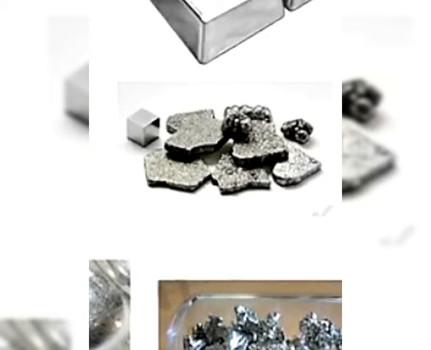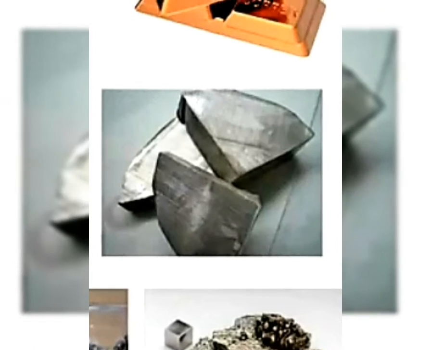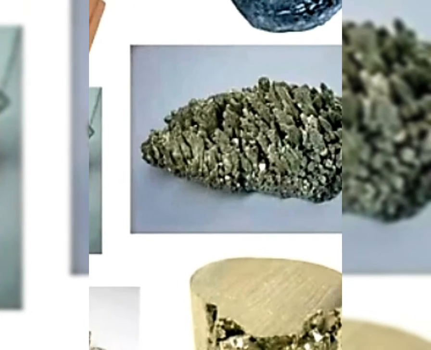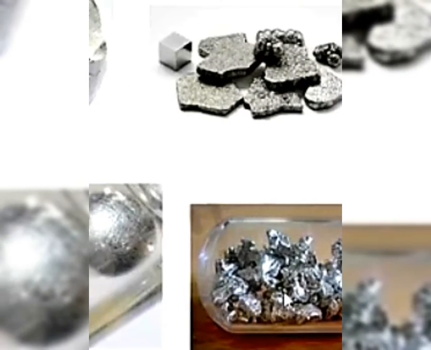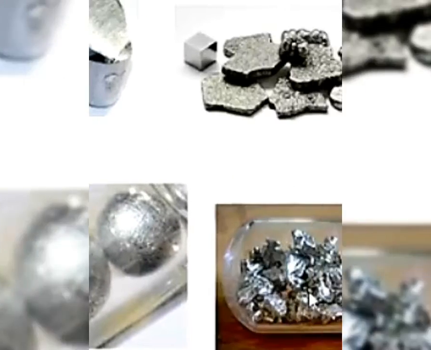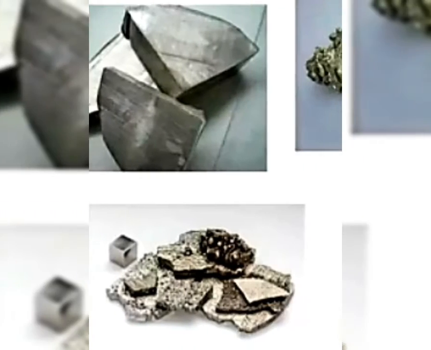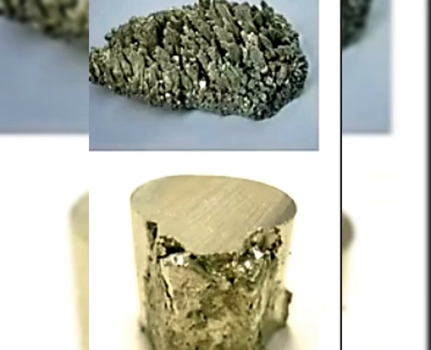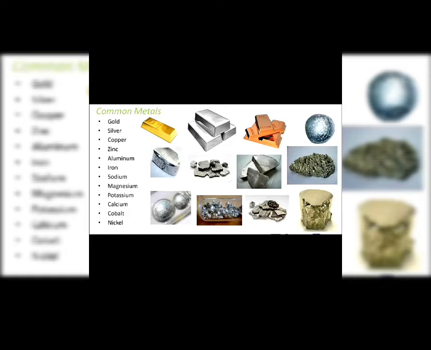It is shiny, but obviously not as much as gold and silver. You see sodium, then magnesium, aluminium, potassium, calcium, cobalt, nickel. So in this slide you get to see how exactly each of these metals looks.